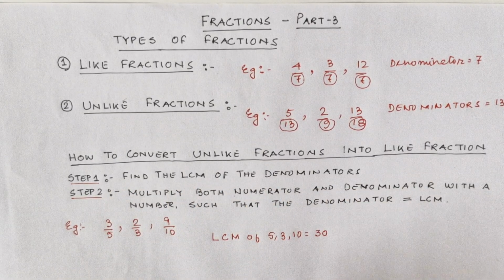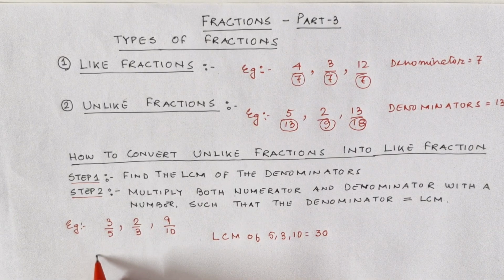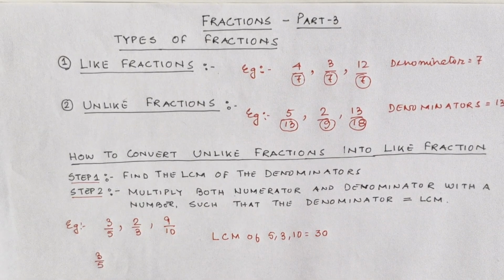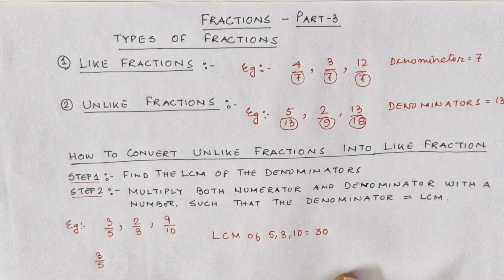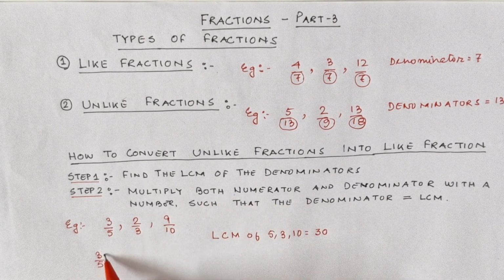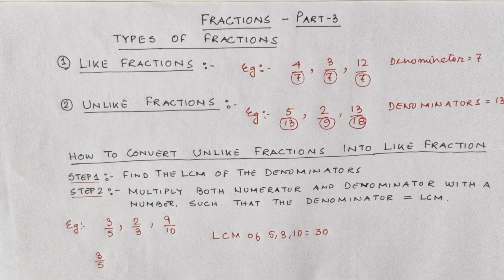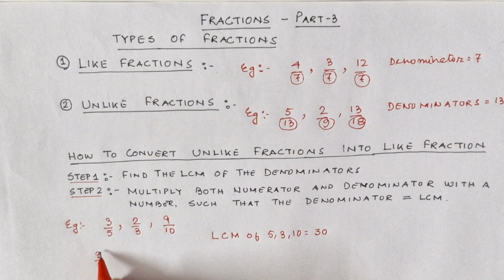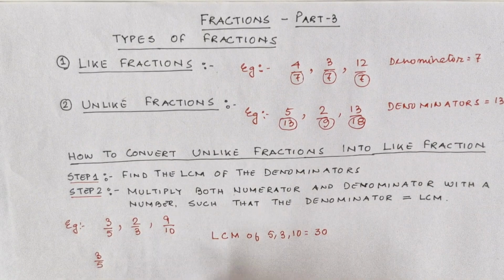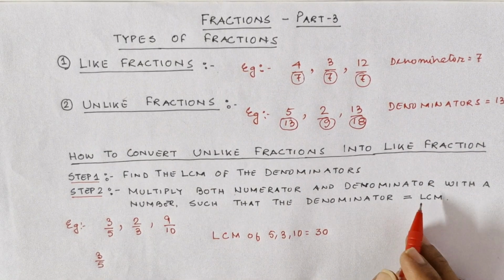Now you write down the fractions one by one. This is the first fraction, 3 by 5. I need to multiply both the numerator and the denominator. If you remember, the numerator is the upper part of the fraction, above the division line, and the lower part below the division line is known as the denominator.